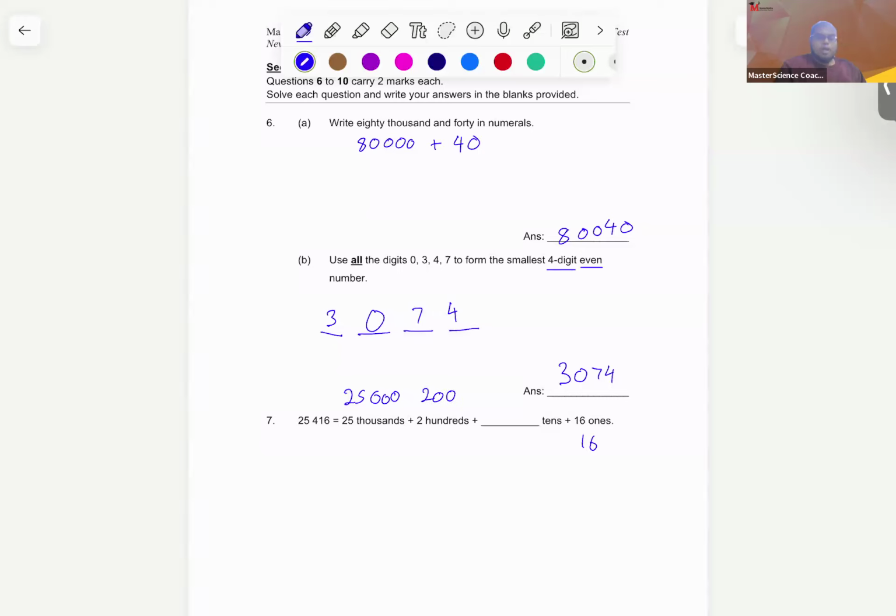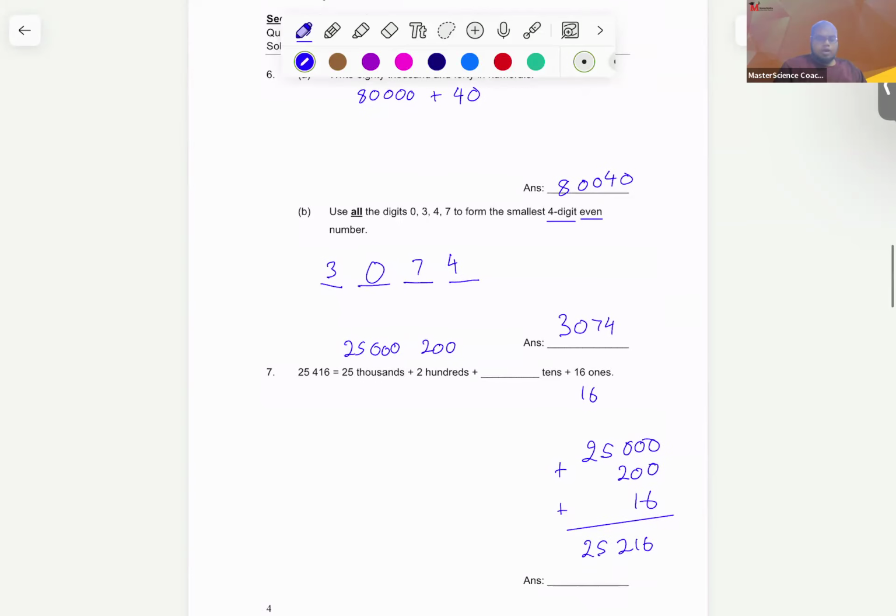So it's just 16. So I plus these three first. So it's 25,216.